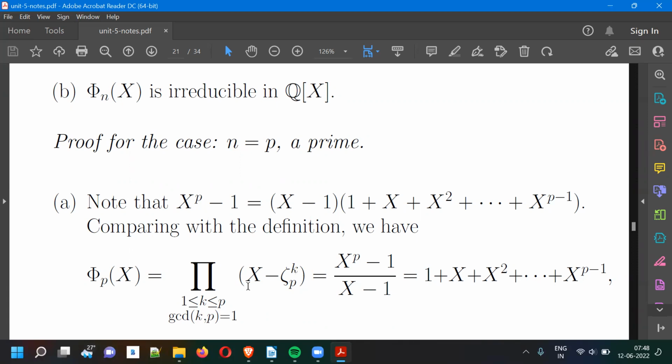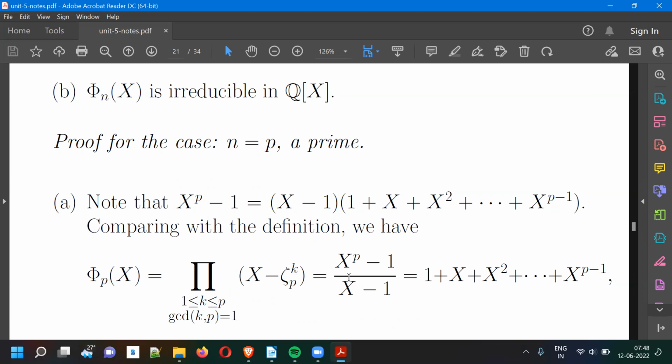So the only factor that we are not including here is x minus zeta p raised to p, which is x minus 1. Every other factor is included in this product, because the product over k between 1 and p with GCD of k with p equal to 1 is exactly the product over k equal to 1 to p minus 1, since p is a prime. So the only factor that we are removing here is x minus 1.